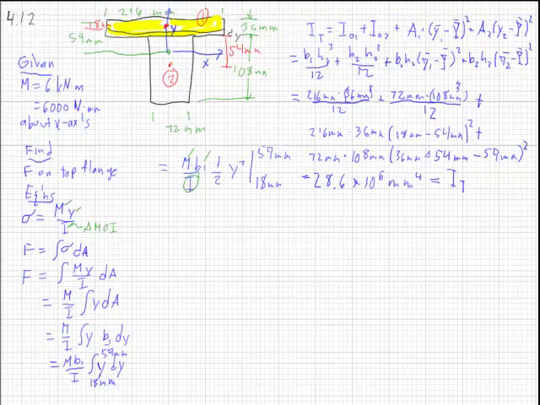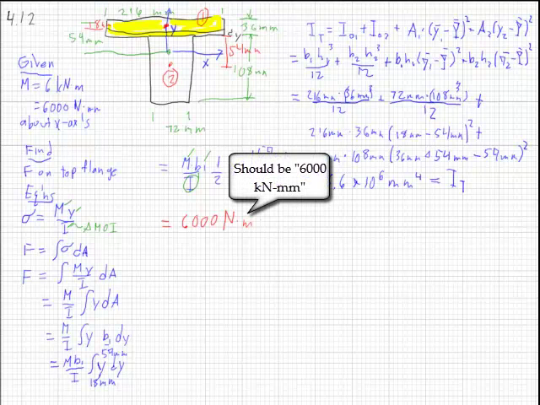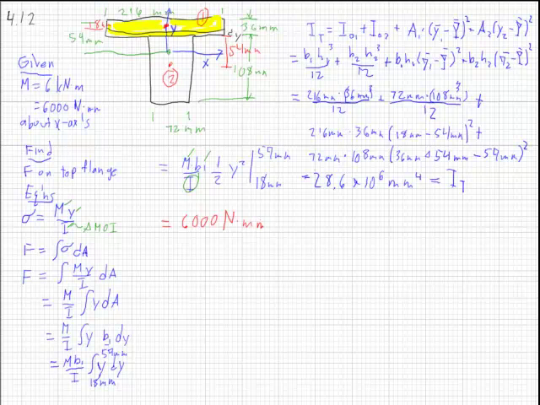So to finish up, put all these numbers in. M is 6,000 Newton meters. B1 is 216 millimeters.